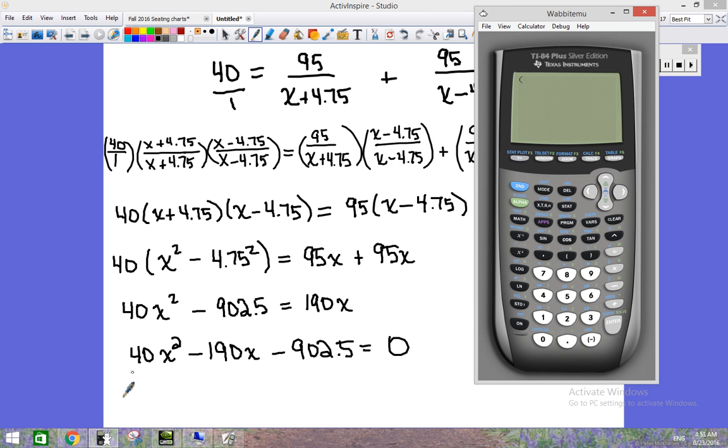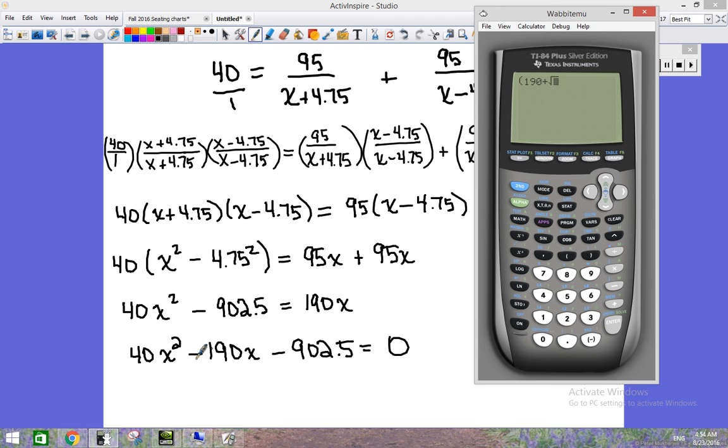This a is 40, b is negative 190, and c is this negative 902.5. So the opposite of negative 190 is a positive 190. And I'm going to add, even though I know that it's plus or minus, I believe that the minus would give us a negative answer. So I'm going to start out with doing the positive one first. And if we have to, we'll come back and take a look and see what's going on.